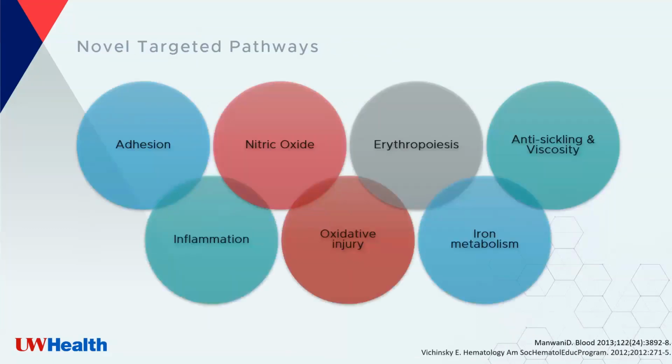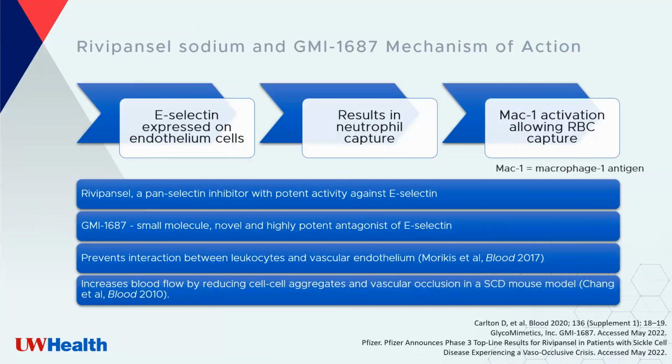So mentioning the novel targeted pathways, as I alluded to earlier, there are two molecules, rivipansel sodium and GMI-1687, that I wanted to briefly touch on as well that have been studied. Rivipansel sodium and GMI-1687 share a similar mechanism of action where both are potent antagonists of E-selectin.